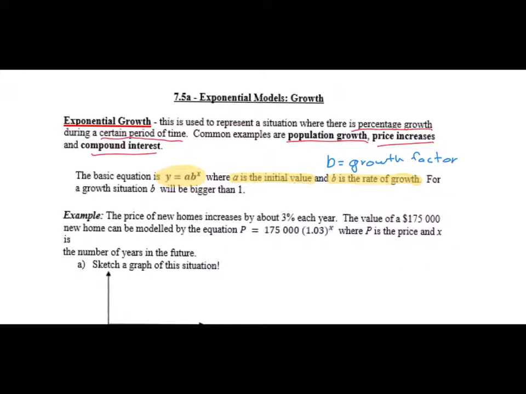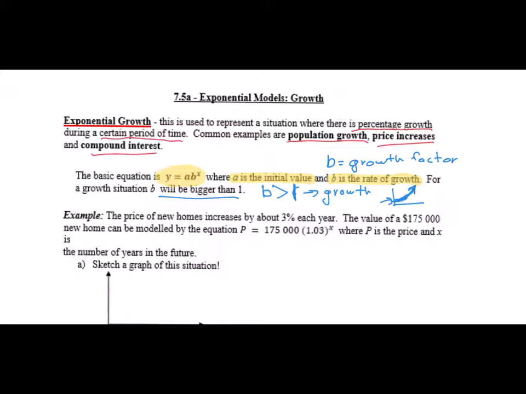If we know that something is growing, we know that b is bigger than 1, which means it's growth. So our graph is going to look something like this, where this is our initial value and this part represents our increasing values.